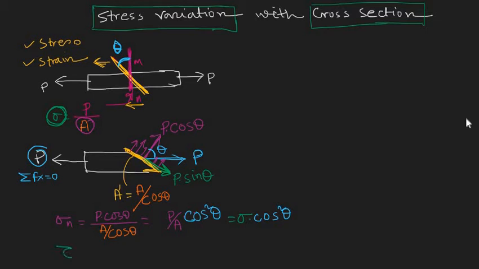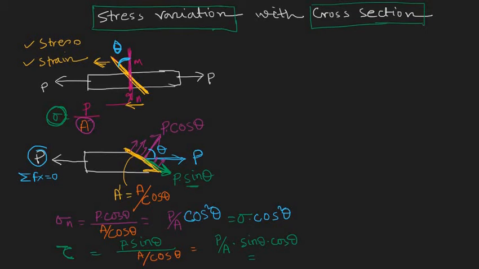Now if I ask you what is the tangential stress or the shear stress, that is tau, acting on this oblique plane, it is the force, that is P sine theta, and the area remains same, that is A by cos theta, which gives you P by A times sine theta cos theta.